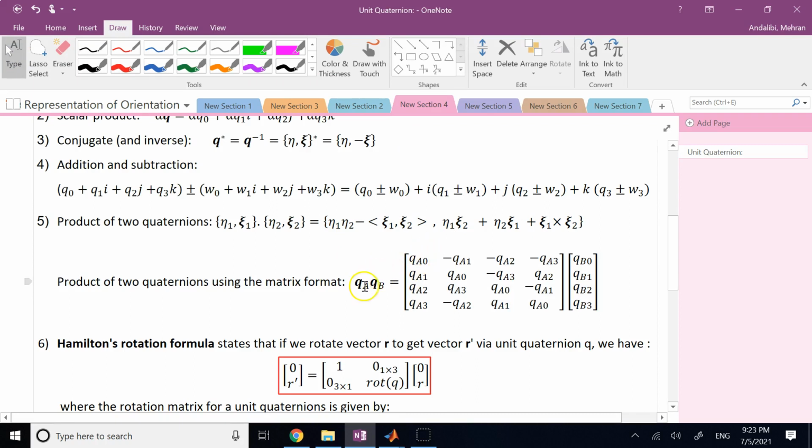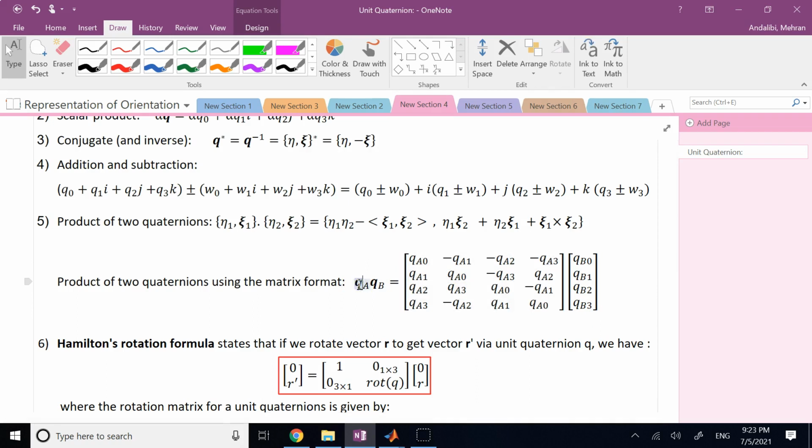So what you do is, when you multiply the two quaternions QA and QB, the second one, QB, you just write it as a 4x1 vector with the real part all the way to the last imaginary part. For the first one, you convert it into a matrix.